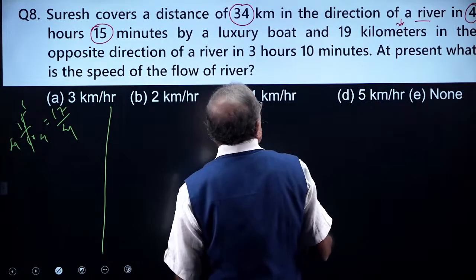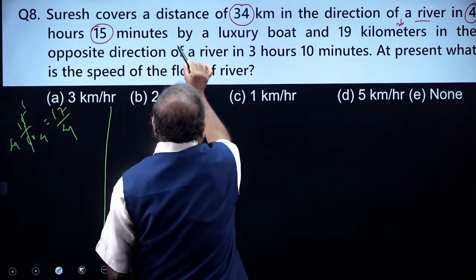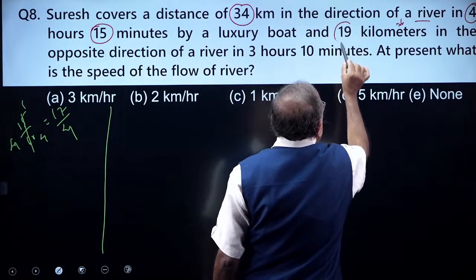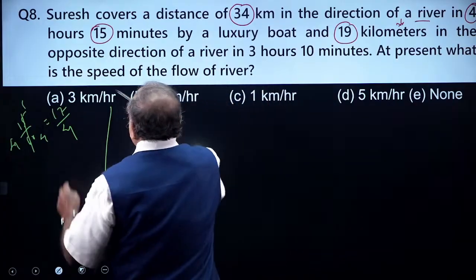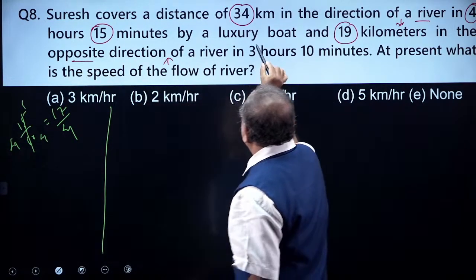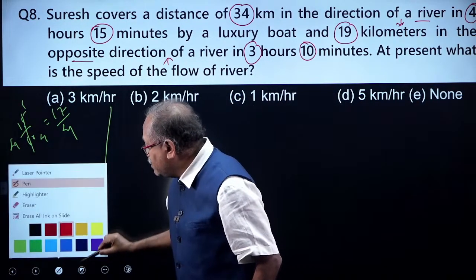Okay. And the next, it says by a luxury boat 19 kilometer in the opposite direction, that means the upward direction, in 3 hours 10 minutes. So, what is this 3 hours 10 minutes?